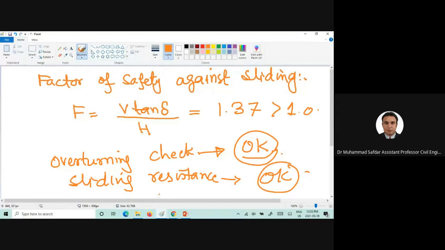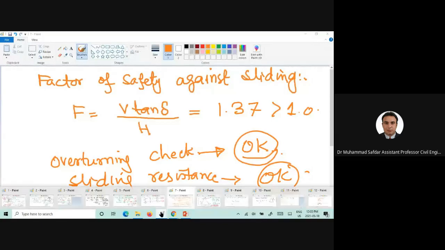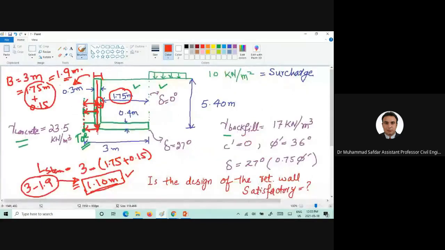So now we can clearly say that the design of the retaining wall is satisfactory. So you can comment that yes, the design of the retaining wall is satisfactory.